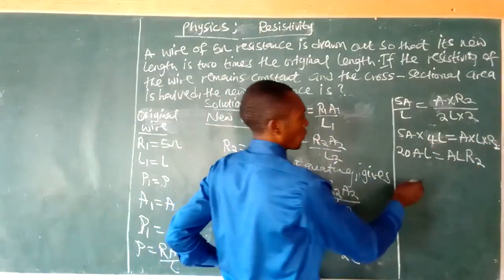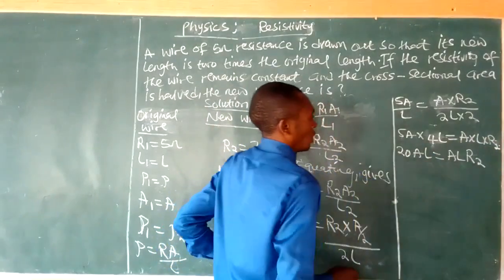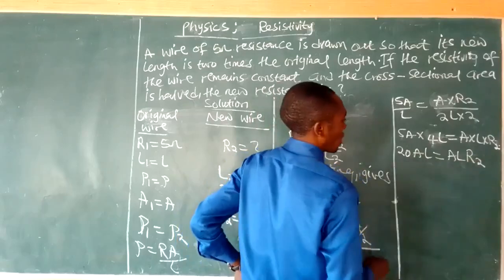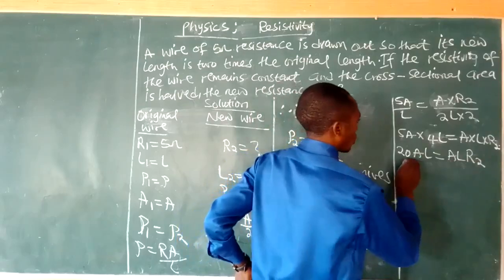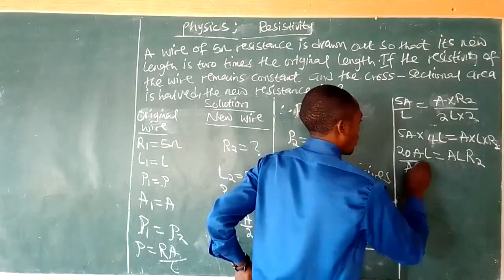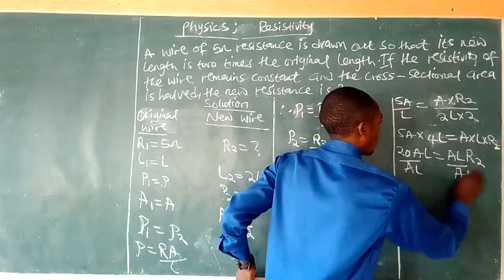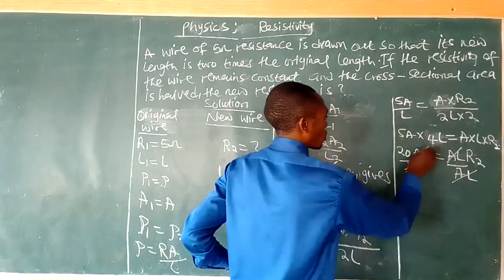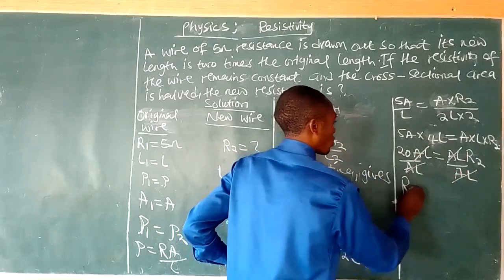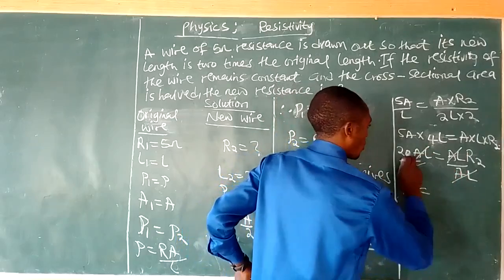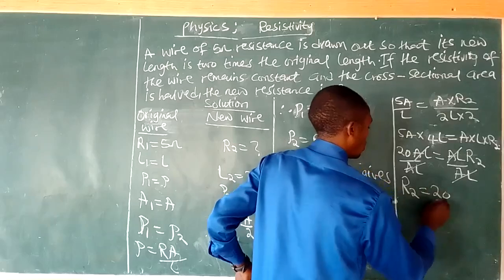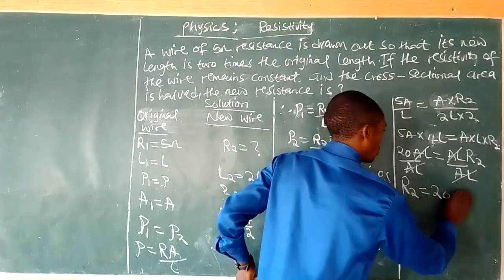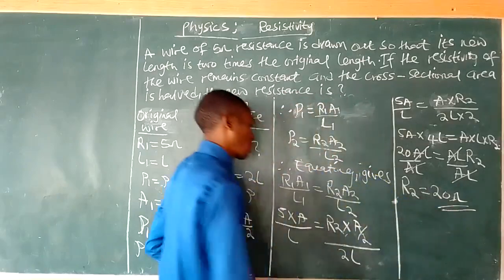Now we're looking for R2, so we divide both sides by AL. So AL cancels AL. What we have is R2 is the same thing as 20. The unit for resistance is ohms, so 20 ohms.